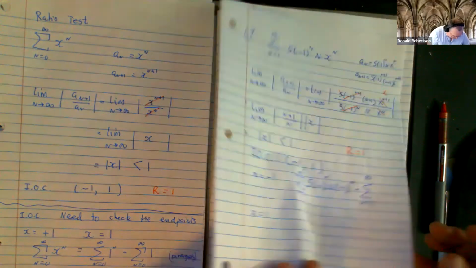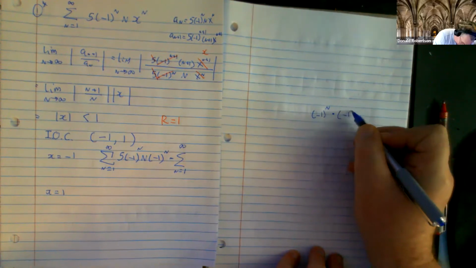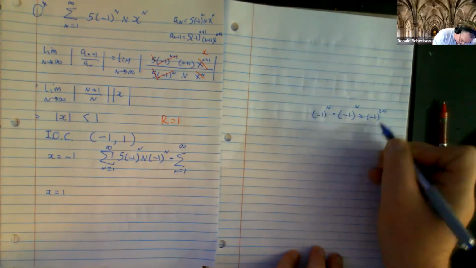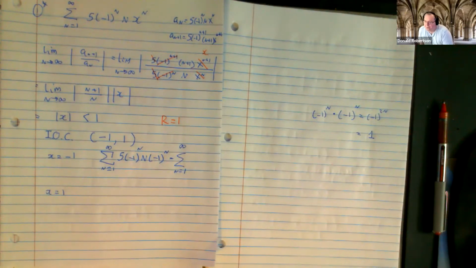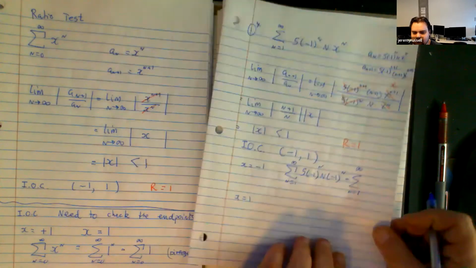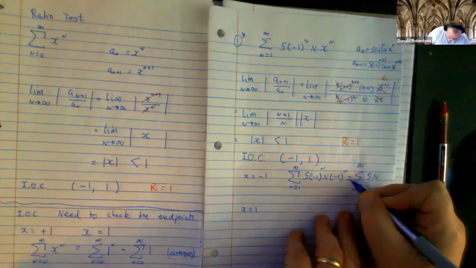Put that to the side. I'm saying that (-1)^n combined with that guy is (-1)^(2n). And I'm saying that that's always going to be 1. Are you comfortable with -1 to the power of 2n, 4n, 6n? It's going to be 1. So, don't worry about it. Isn't the answer just 5n?